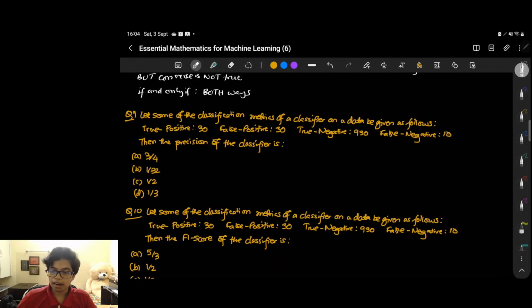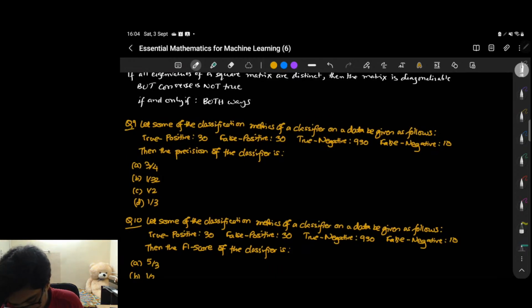That means my classifier is falsely characterizing them as positive even though they are not positive. Then true negative is 930 and false negative is 10. False negative means those elements are not negative, but my classifier is falsely identifying them as negative. And true negative means they are indeed negative and my classifier identifies them as negative.